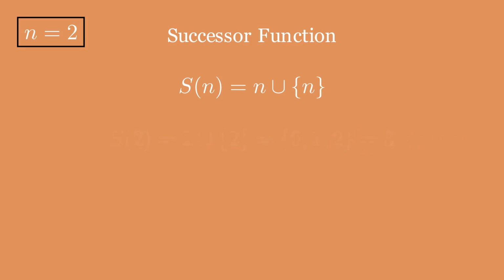For n is equal to 3, we have a number that we have never seen before. Let's call it 4. It's the set containing 0, 1, 2, and 3.